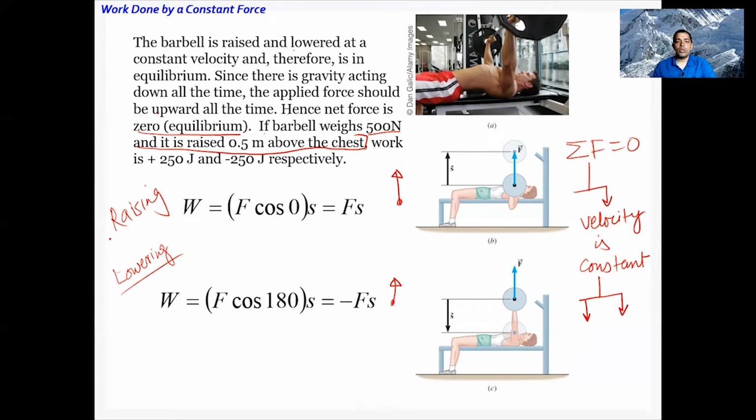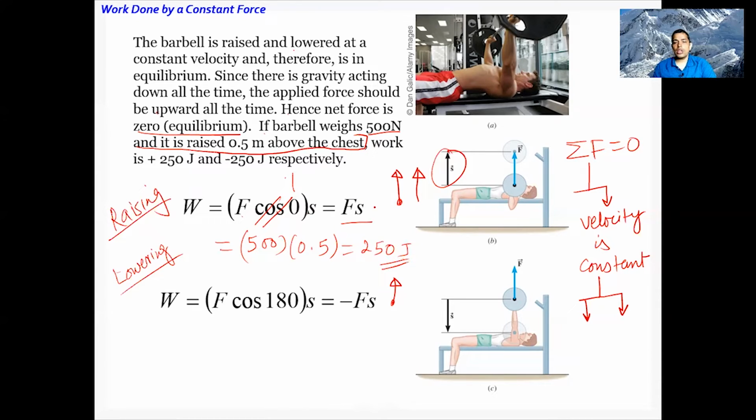But when you raise, your displacement is up, meaning force and displacement are in the same direction. That's why your angle is 0 and cosine of 0 is 1. So you get F times S. You simply multiply 500 times 0.5 and you get 250 joule.